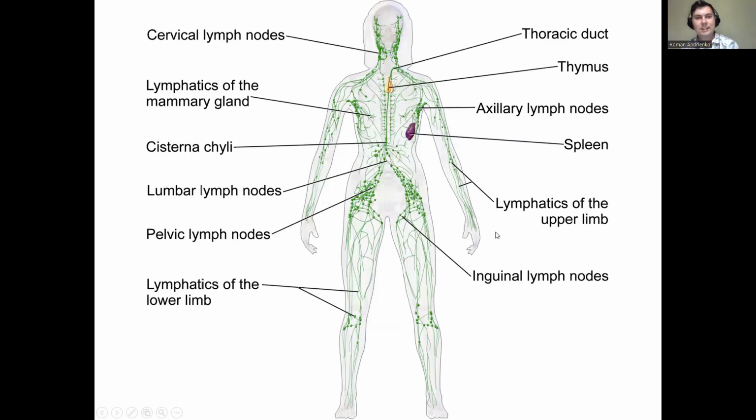Sorry about that. Okay, so I already saw a question in the chat regarding the lymphatic drainage pathways. Here is the scheme, just for you guys. So you may use this one to orient and see where the lymphatic nodes are located, what the pathways are, and remember that all the pathways are going from periphery to the center.